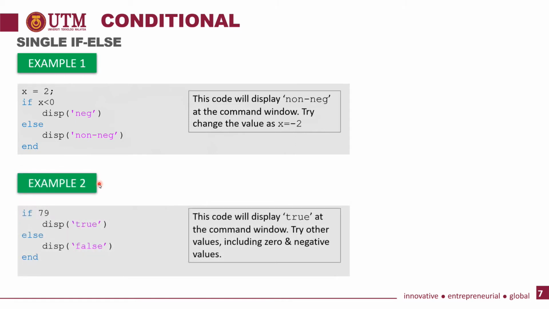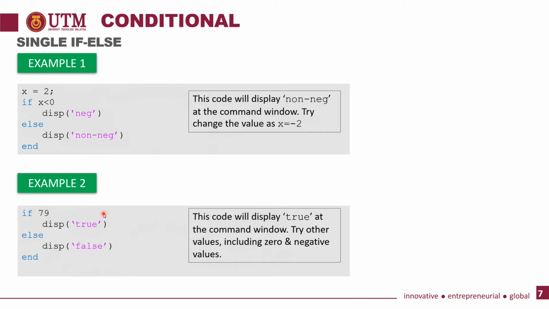All right. So in the second example, if 79 display true, else display false, and so this code will display true at the command window. So try other values including 0 and negative values. Okay, so it means that if 79, or any other number rather than 0, it will display true, because the if and else statement will convert the number into a Boolean expression.